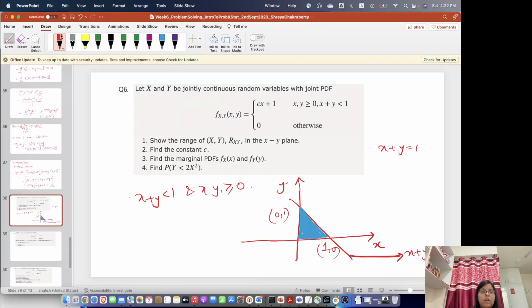This is the range of x and y in the xy plane. So this thing is done.